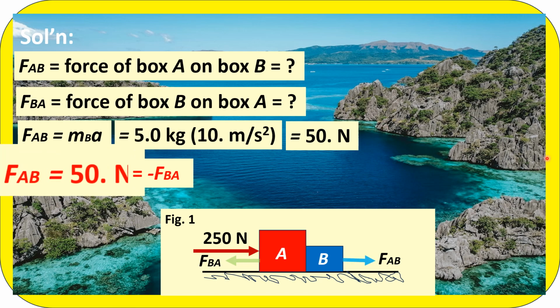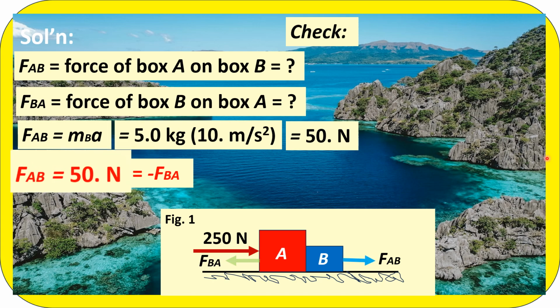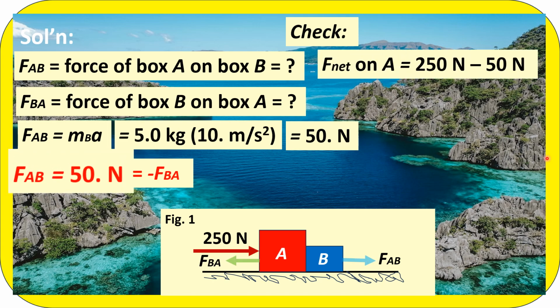Let's analyze the case of box A when we treat it as a single body. As a single body, the net force acting on box A is just the vector sum of the horizontal forces: the one exerted to the right, the applied force, 250 newtons, plus the force exerted by box B on box A, 50 newtons, but directed to the left.